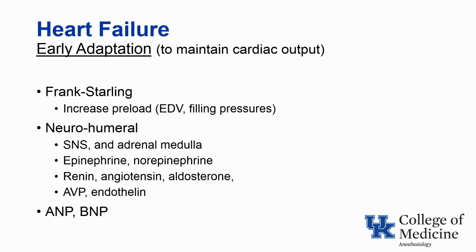In response to heart failure, there is early adaptation, which is an effort to maintain cardiac output. And this utilizes the Frank-Starling mechanism of increasing preload by retaining fluid and neurohumoral responses, such as of the sympathetic nervous system, renin and AVP, and also ANP and BNP.